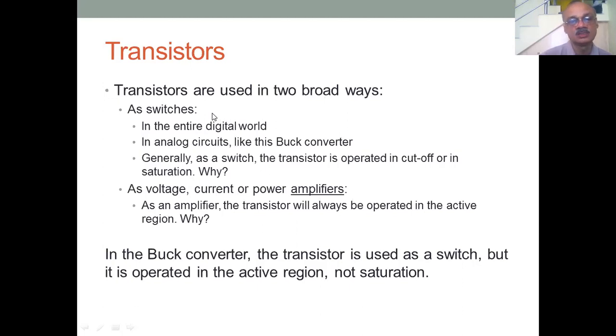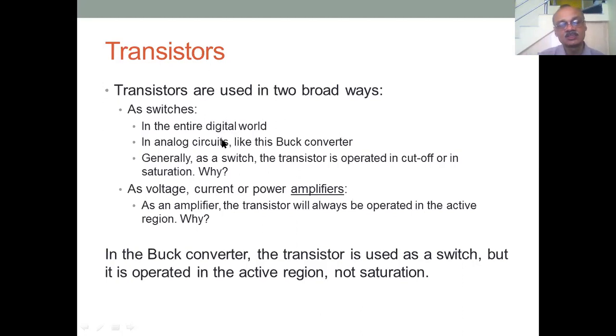When it is on, it represents a digital 1, and when it is off, it represents a digital 0, or vice versa sometimes. Of course, nowadays, no digital circuits are made with bipolar transistors. They are made with MOSFETs, but they are transistors nonetheless. So transistors are used as switches in all digital electronics, laptops, mobile phones, everything.